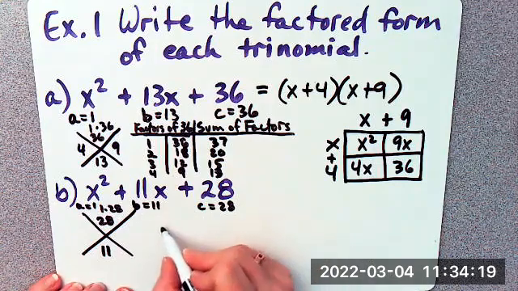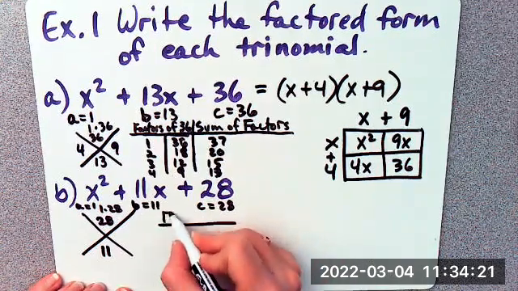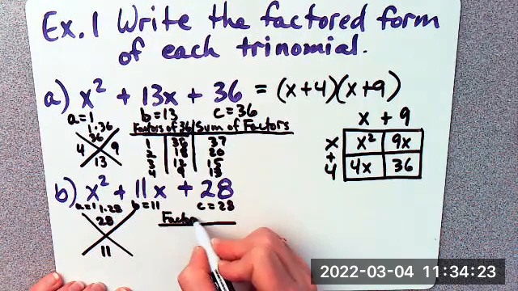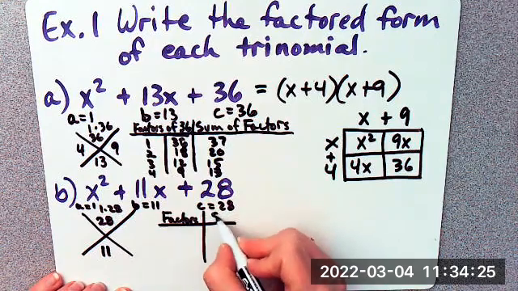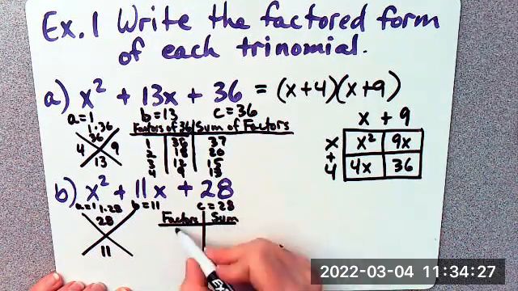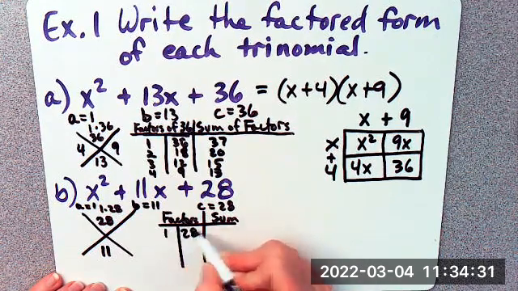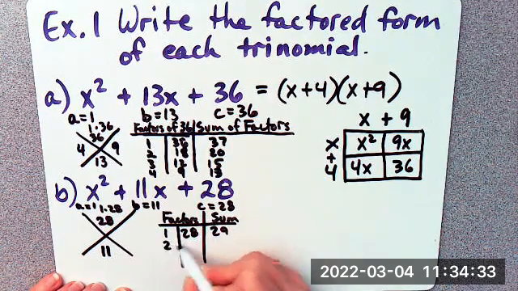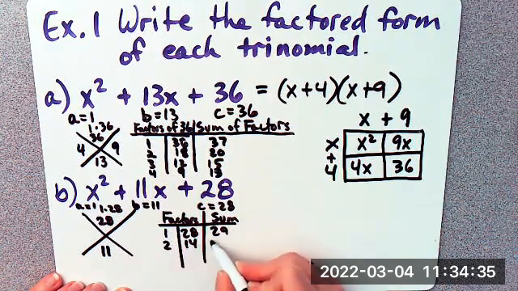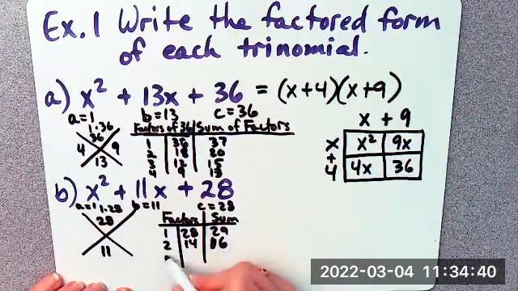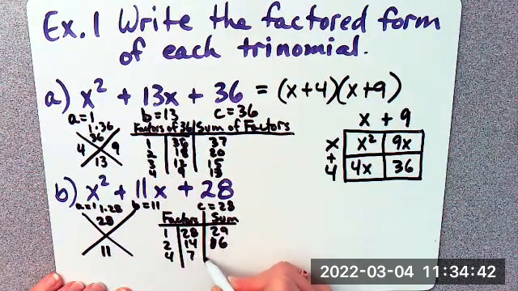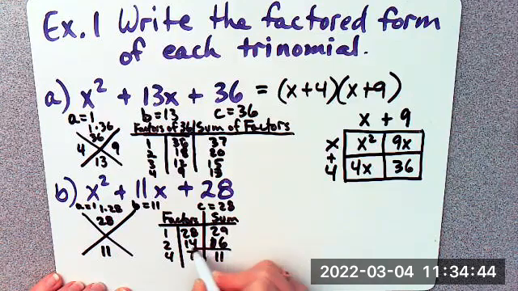So we look at the factors and then the sum. Our factors of 28 are 1 and 28, which sum to 29, 2 and 14, which sum to 16. We're getting closer. 4 and 7, and there we have it. It's 11.